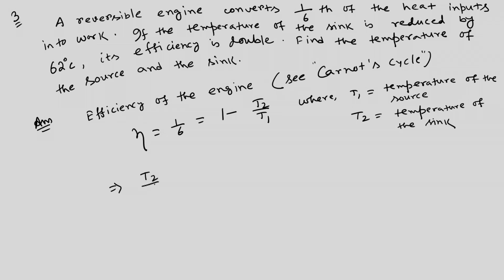So, T2 by T1 is 1 minus 1 by 6, so 5 by 6. Suppose this is our equation number 1.